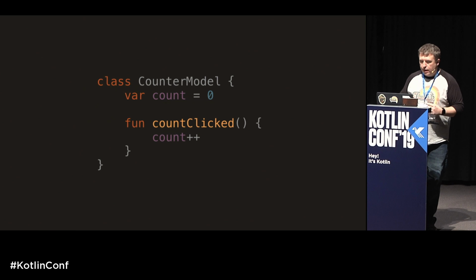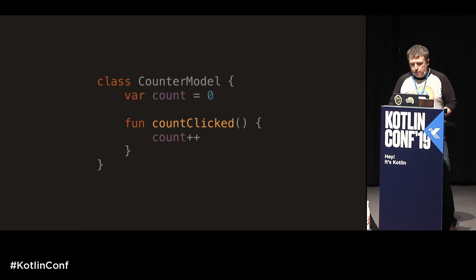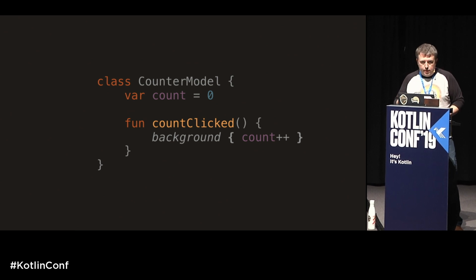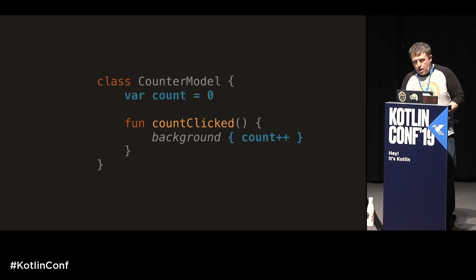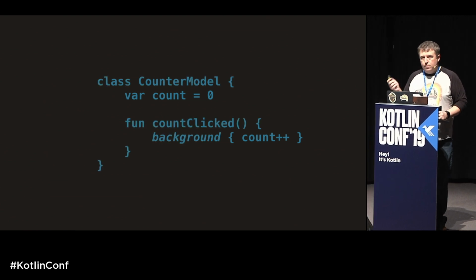Let's say you had a click model, and your user was clicking on a button and you were incrementing a value for some reason. Not sure why, but that's what you're doing, right? If you decide that that needs to happen in a background thread, it might look like this. So when that user clicks, it's going to run, that's going to happen, which is also going to do that, and that's going to fail. But it's a little bit worse because it's also actually going to do this because you've captured that thing.